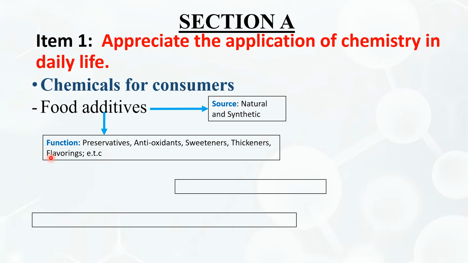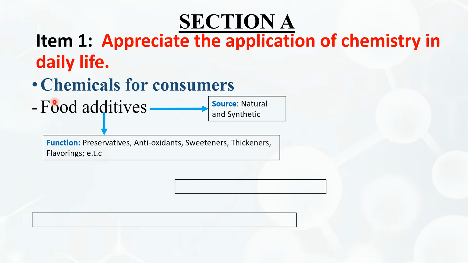You recall we say that in section A, items 1 and 2, we are looking at the 3 areas of assessment. That is the category, number 2 the suitability, and the last area is the advice. So chemicals for consumers is divided into subtopics.